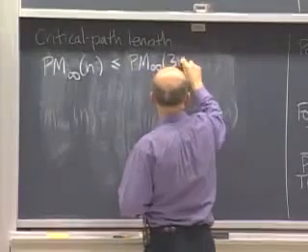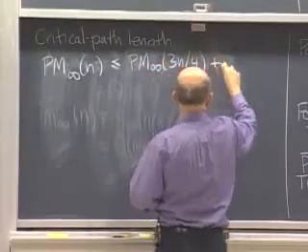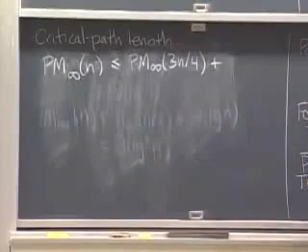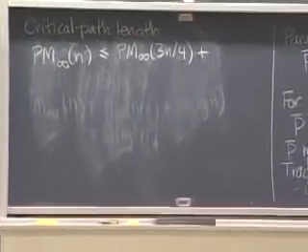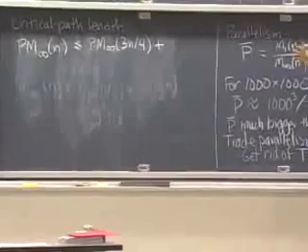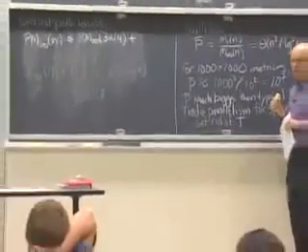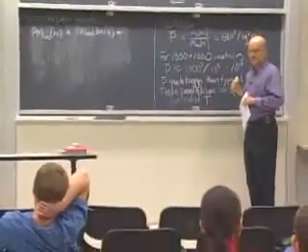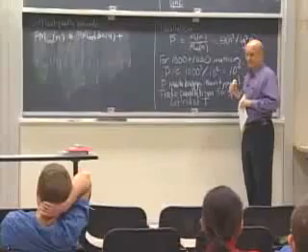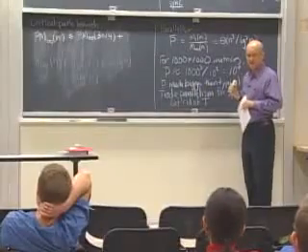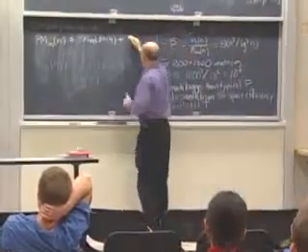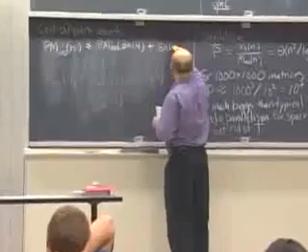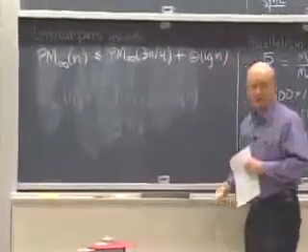Of 3n over 4 plus... okay, so the worst of those two is going to be 3/4 of the elements, plus what? Plus log n. What's the log n? The binary search.